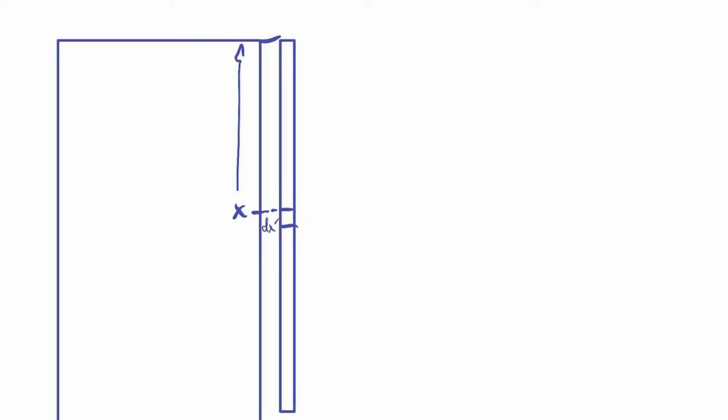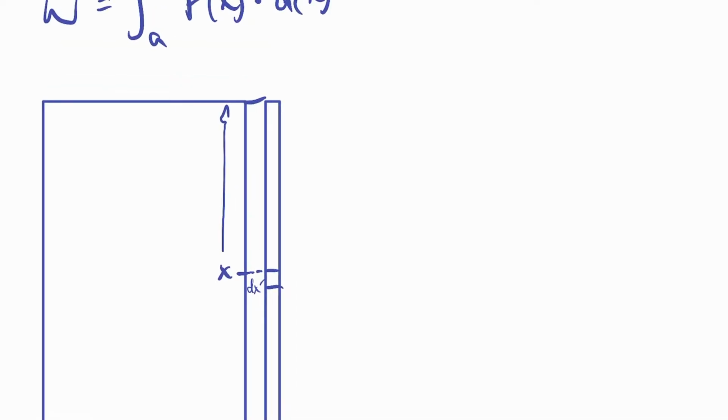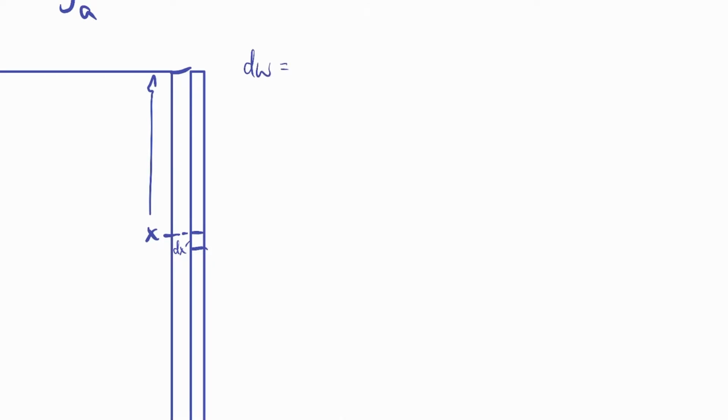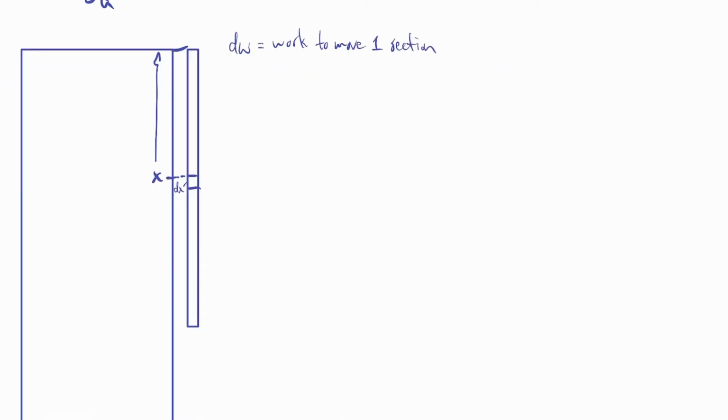So when we go to build our differential for the work, we're going to say, okay, dW, the differential of the work. This is going to be the work to move the one section. In order to work out what the differential of the work is, I need to know what's the force involved and what's the distance involved.